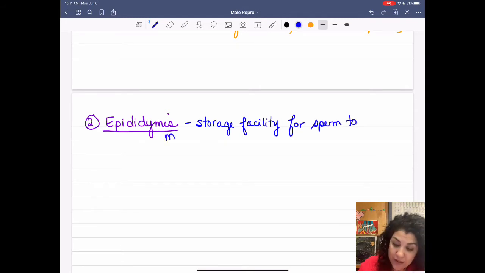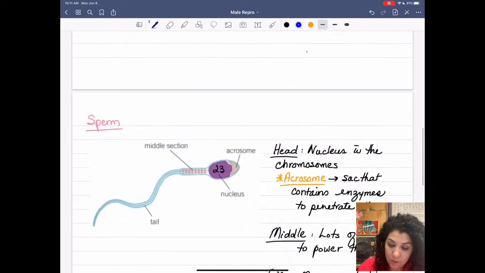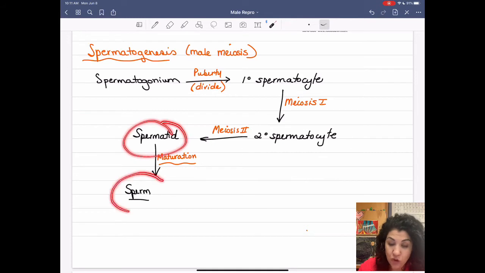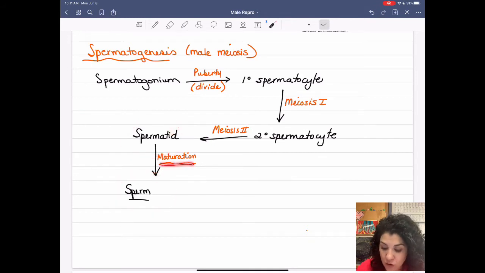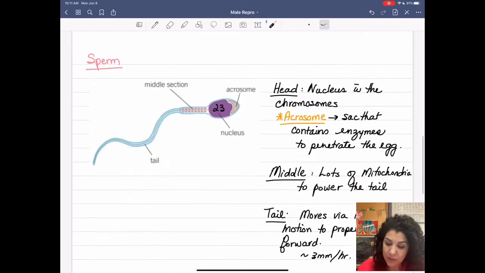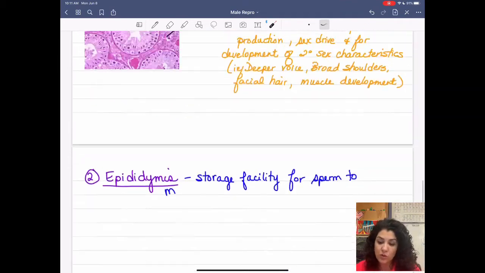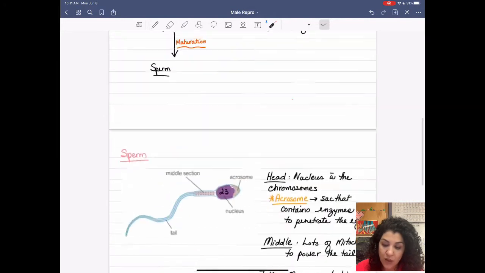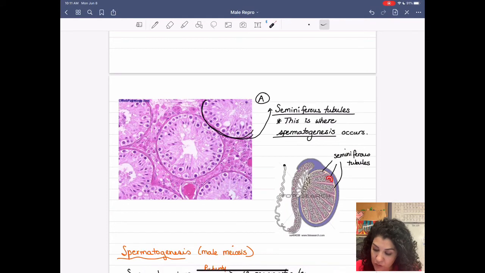And remember how I said right up here in spermatogenesis that the spermatids have to mature and become sperm? Well, this maturation process occurs in the epididymis. So once a sperm is being produced in the interstitial cells, it travels from this section right here, goes swim, swim, swim, and then gets stored right in here, where it matures and becomes more streamlined, like we said earlier, okay?